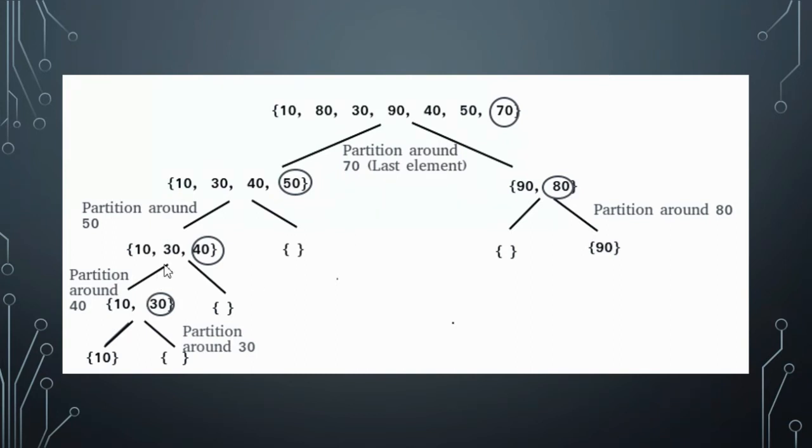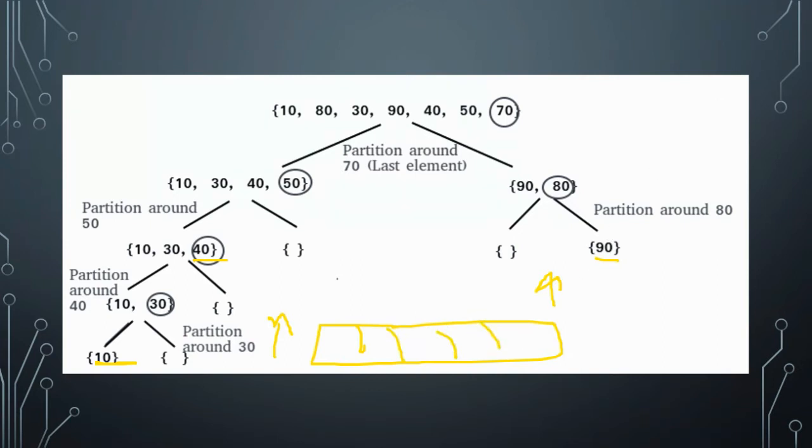Then 50 is chosen as a pivot from this sub-array and divided, and 40 is also chosen as the pivot for this array and divided into sub-arrays, and the last element remains. From this sub-array 80 is chosen as the pivot and 90 remains in the sub-array. Then we sort it from last to first to get a correctly sorted array.